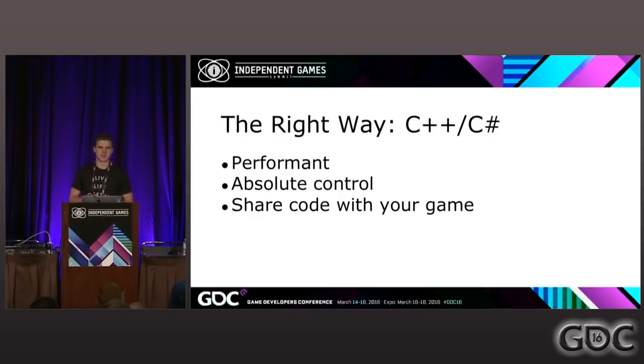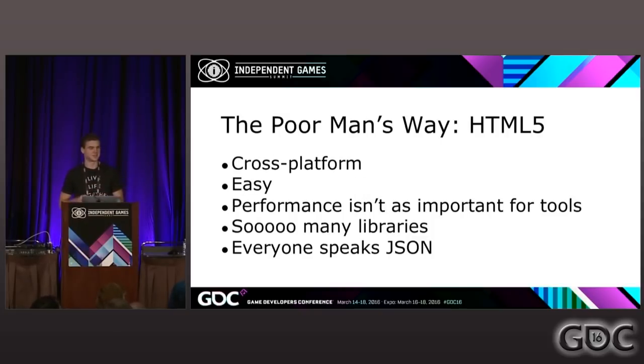So this is the poor man's dialogue tree. What I needed was an editor that I could create a node-based system to hook dialogue nodes together. The right way to do this would be to write it in the same language as your game, make a really nice Windows Forms application. It would be performant, it would have the same code base as your game, but that takes a lot of work, so I did it the poor man's way, which was HTML5.